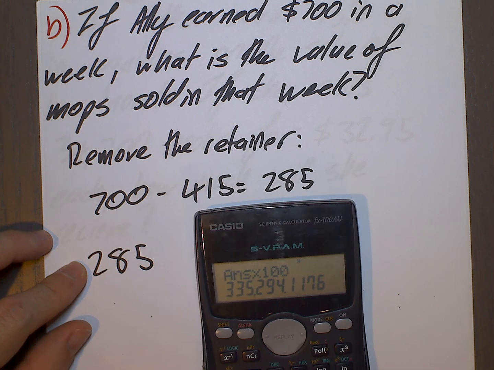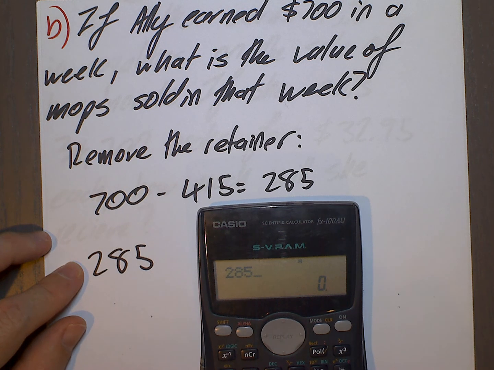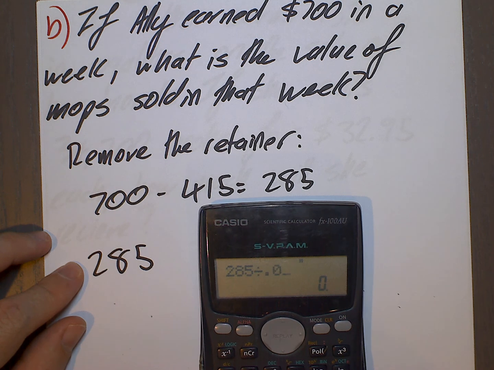Does that work? I'm not entirely sure. I think so. Let's just double check. Yeah, this works. Okay. So what we want to do is, hang on, let's do 285 divided by... Yeah, that looks a little bit more promising.